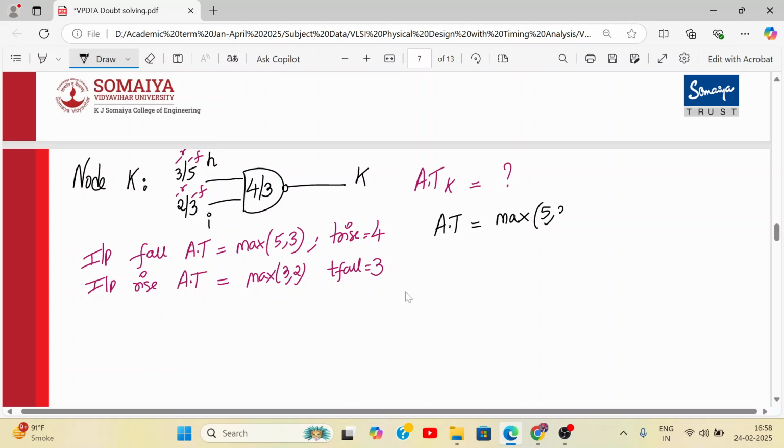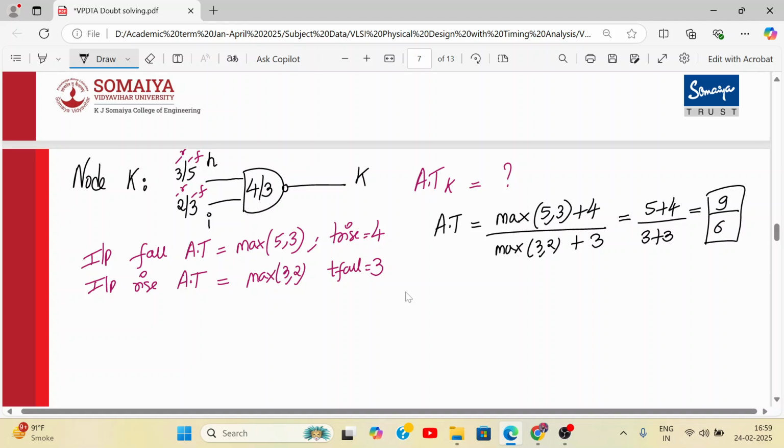So maximum of 5 and 3 plus 4, and output fall arrival time will be the maximum of input rise arrival time, maximum of 3 comma 2, plus T fall. So it will be 5 plus 4 upon 3 plus 3. That will be 9 by 6. So this is the arrival time at node K.